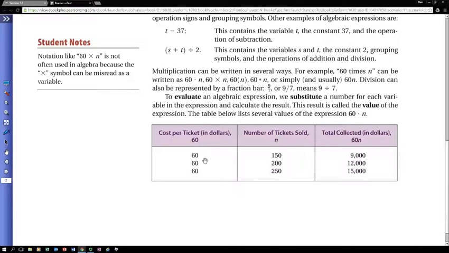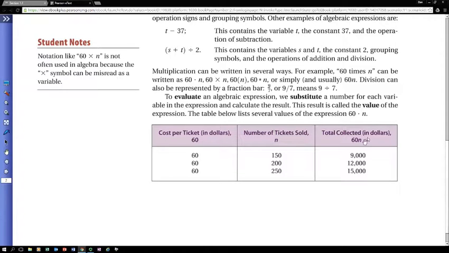So in this case, they have this table. They say, if the cost of tickets is $60, and we wanted to know how much we would collect if we sold a certain number of tickets, they put a variable for that because that's going to vary, right? Depending on how well the sales go, this number will change.